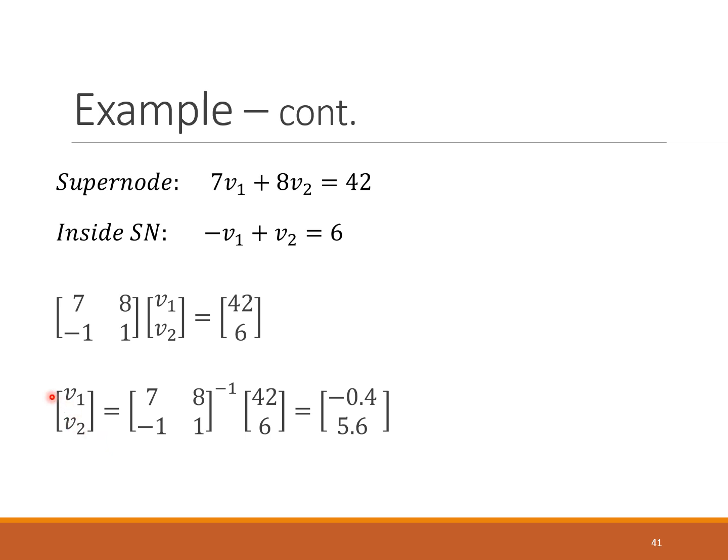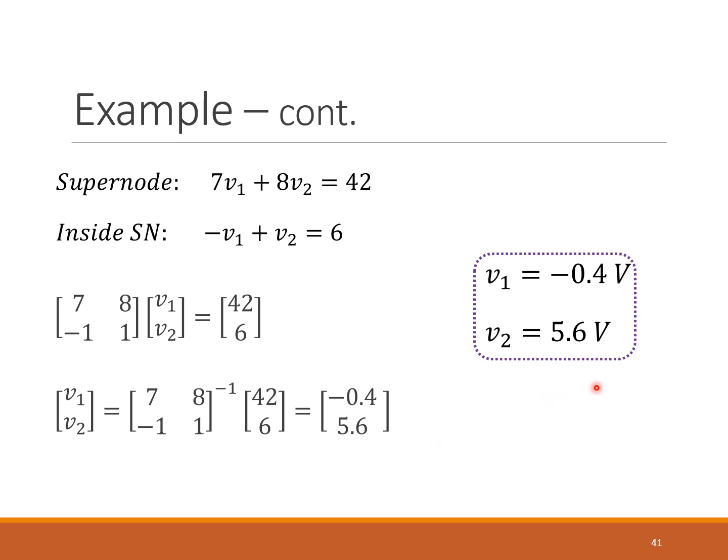We say our variable matrix V1, V2 is equal to the coefficient matrix inverted times the constant matrix, and we get -0.4 and 5.6. Because we kept everything in terms of amps, ohms, and volts, we know that these answers are going to be in volts. So V1 is -0.4 volts and V2 is 5.6 volts.